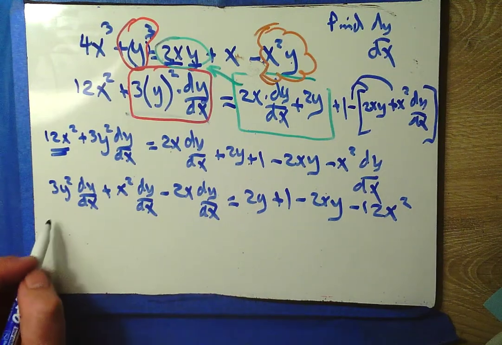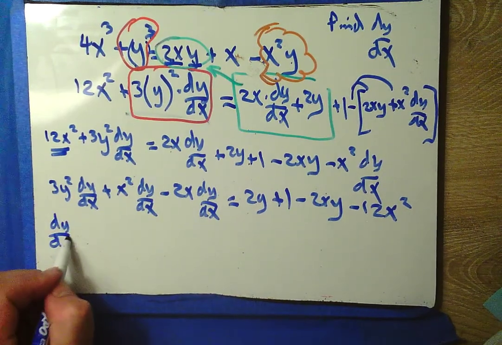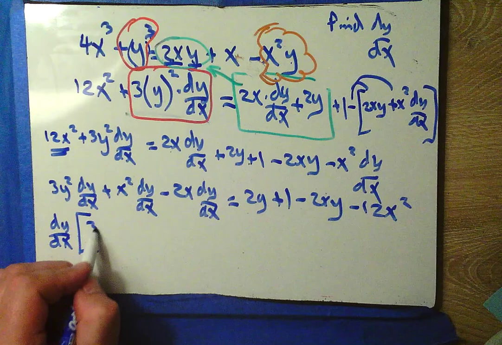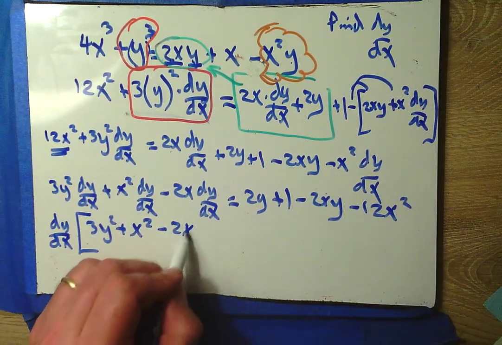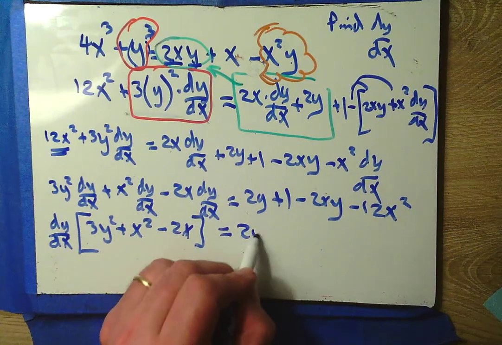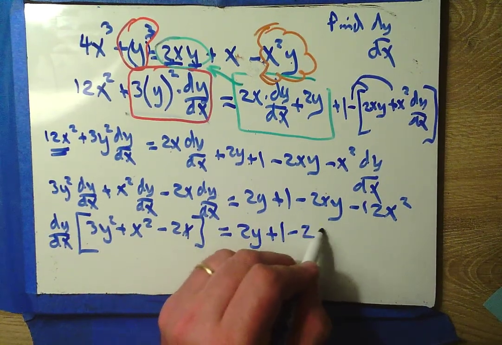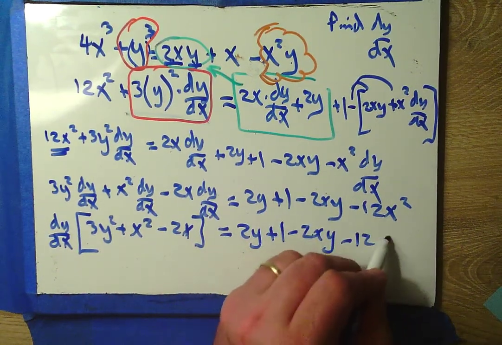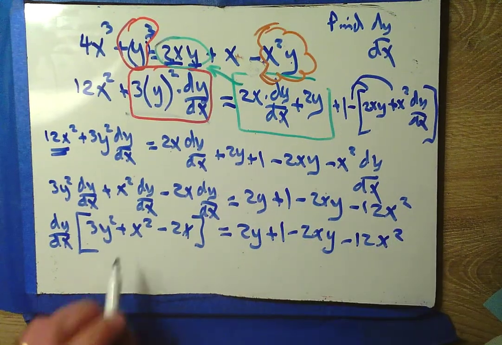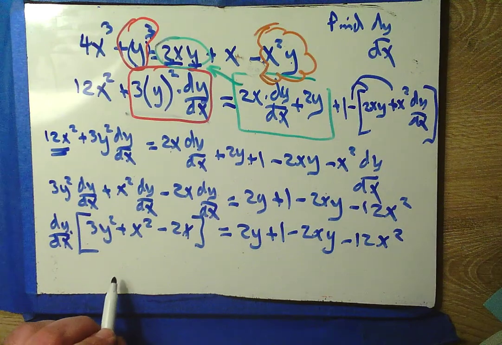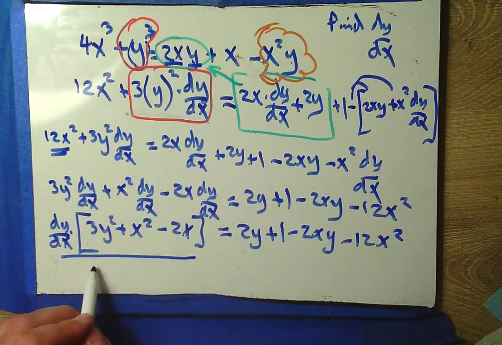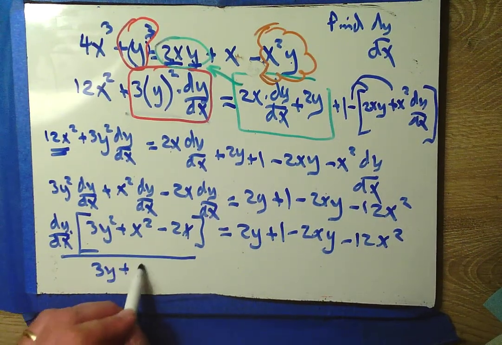Now on the left-hand side, I can factor out a dy/dx: (3y squared plus x squared minus 2x) equals 2y plus 1 minus 2xy minus 12x squared. But dy/dx isn't by itself yet. All this stuff is attached with multiplication, so if I want to get dy/dx by itself, I have to divide by all this stuff.